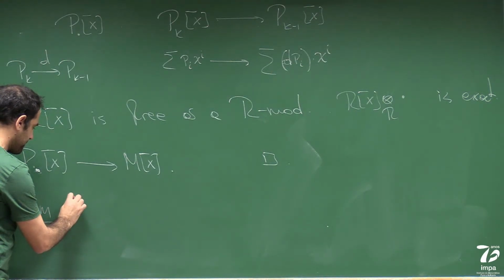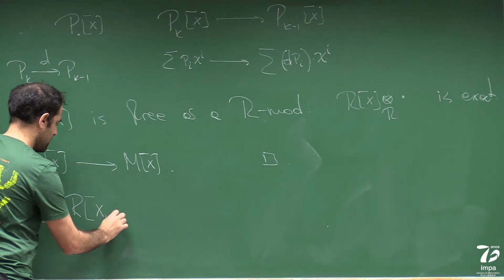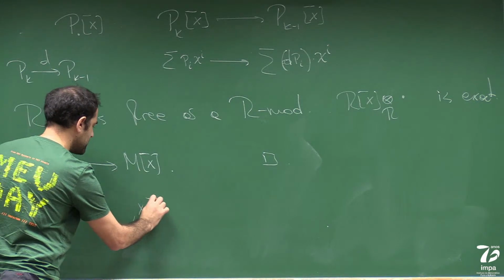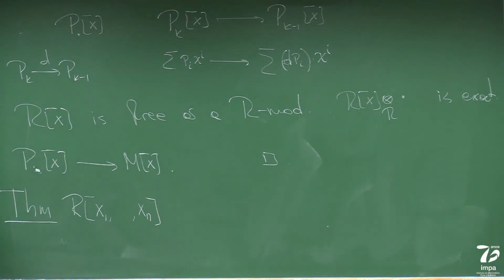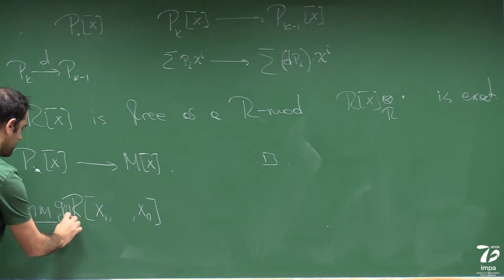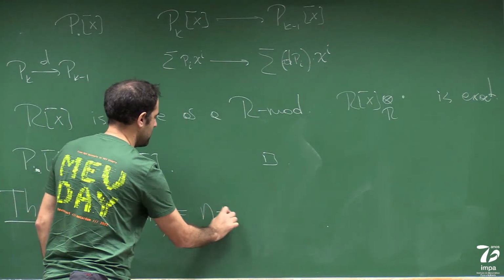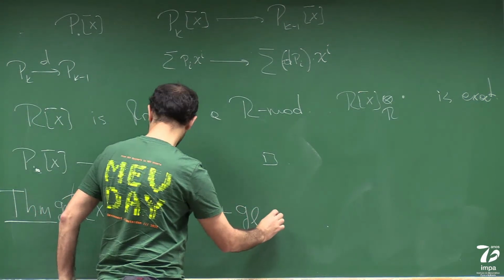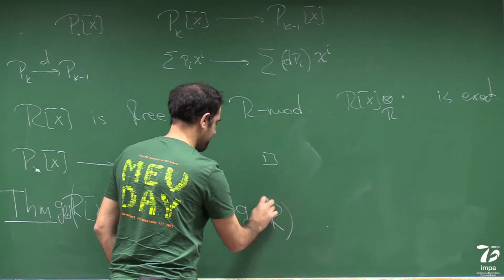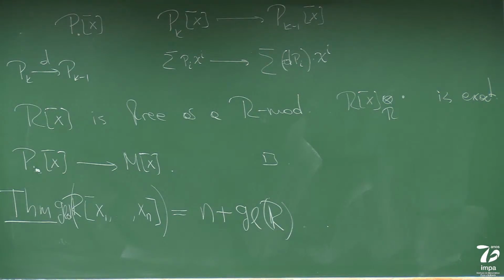If you look at polynomial rings in n variables, and you look at the global dimension of this guy, then this is equal to n plus the global dimension of the ring R. So that's what I wanted to prove.